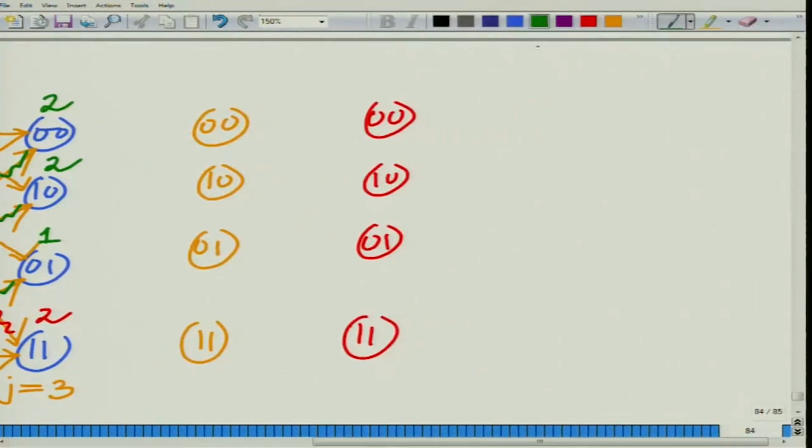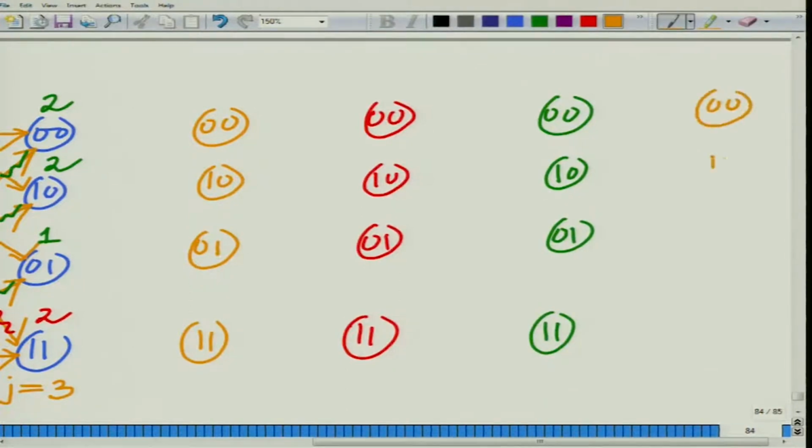Two more stages, that is what we are going to need. 1 0 0 1, and you can see what I am doing is I am simply repeating all the states at each stage.